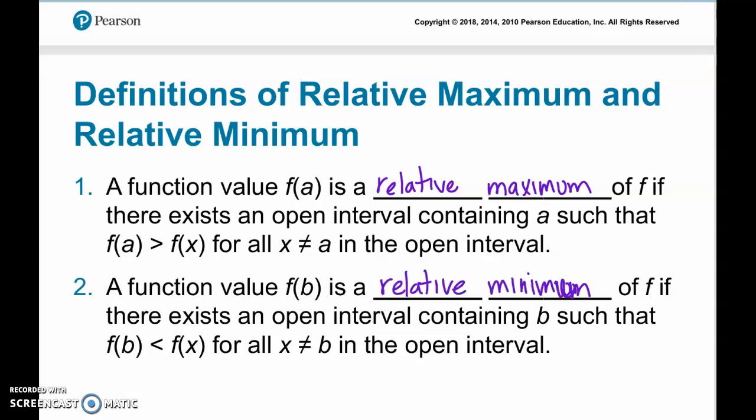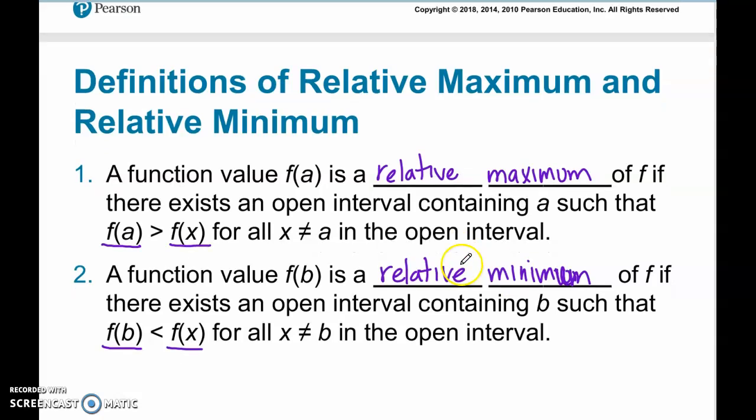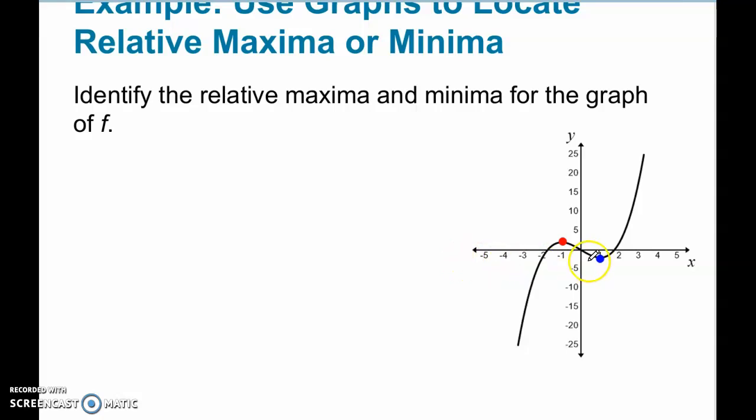Again, this is the formal definition. This is the output at a greater than the outputs of x. And for the second part, you have a relative minimum if there is an open interval containing b such that the output at b is less than all the other outputs in that open interval.